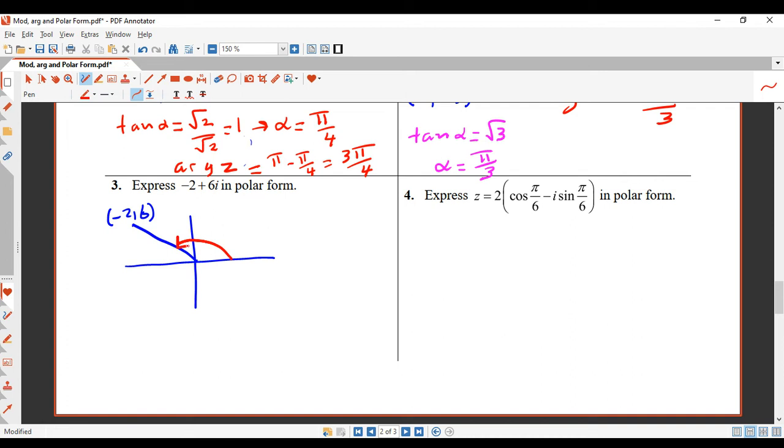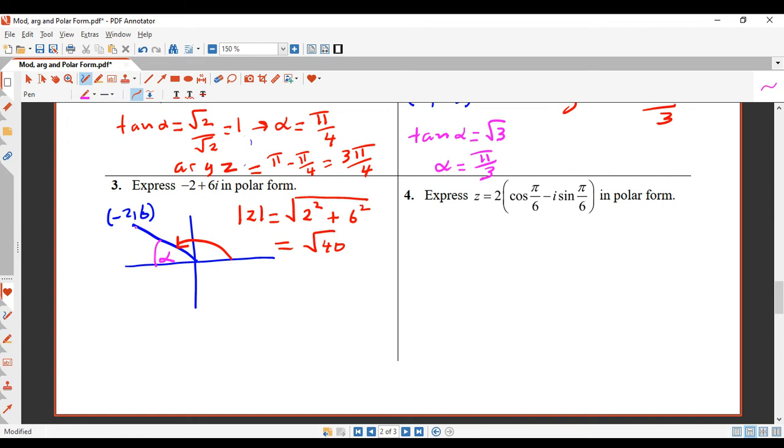There it is, between pi and minus pi. So let's work out the modulus first, that's the easiest part. Again, I'm just going to ignore the negative sign there. All right, that's going to give you root 40. I'm not going to abbreviate that, I'm just going to leave it as root 40. That's the exact modulus.